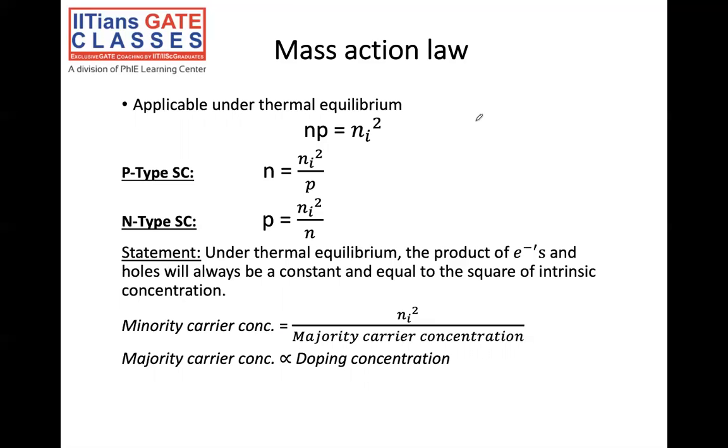So minority carrier concentration in p-type semiconductor will be electron, and that is equal to Ni square divided by P, which is shown in this expression.